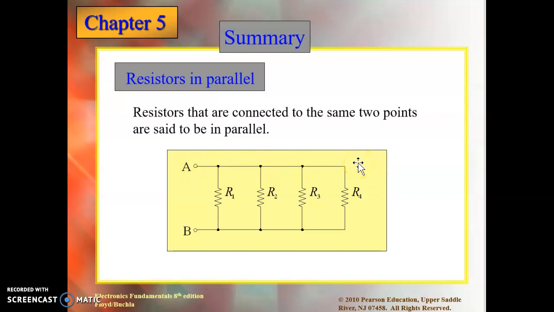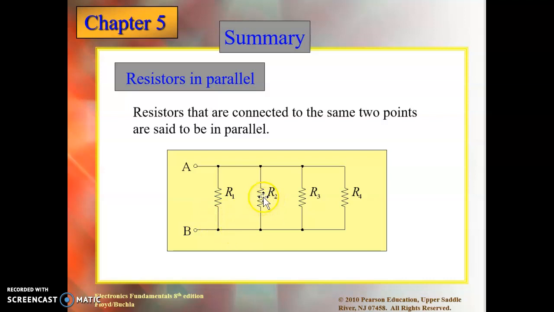When we have several connections coming from a node, we can analyze it using nodal analysis. That will be a technique in chapter number 6. But here, resistor R1 is connected to node A on one end, and to node B on the other end.